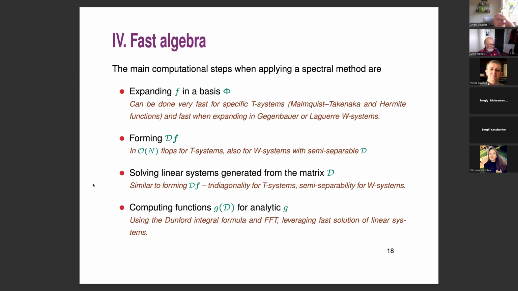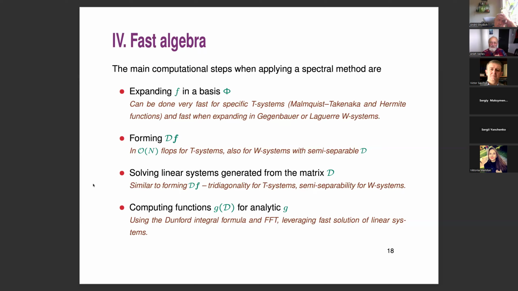So let us move toward the end to fast algebra. So essentially we have 4 different computational steps in this business. First of all, we want to expand the function in the basis. And this can be done for specific T-systems very fast.